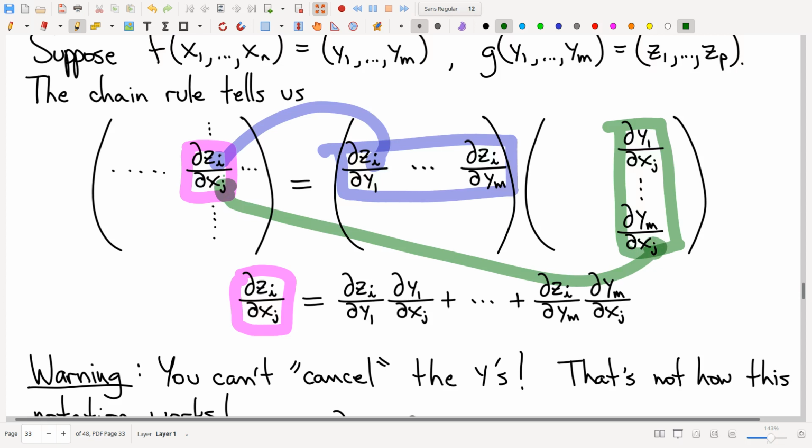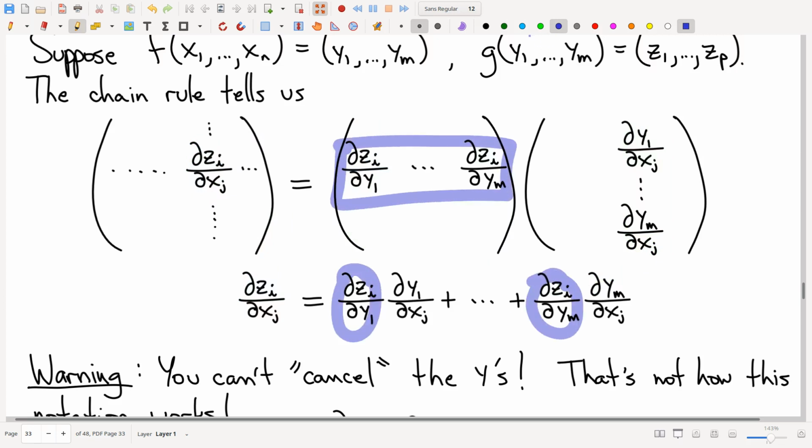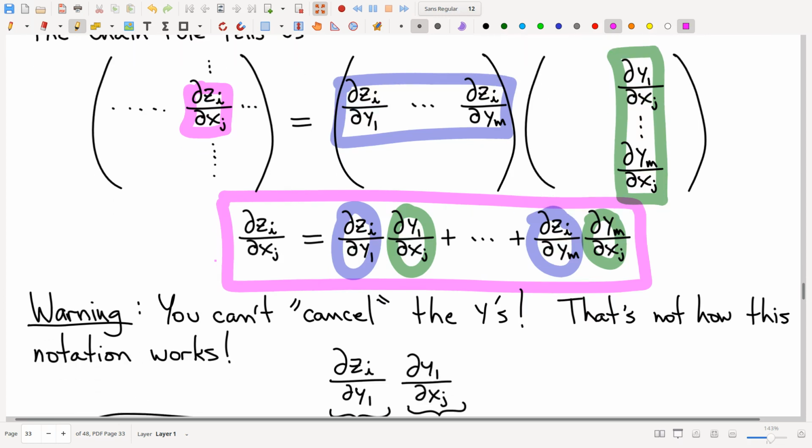Is that good? These elements in the appropriate row get multiplied by the corresponding elements of the appropriate column, and altogether, this one element of the derivative matrix is given by this little simple formula right here.